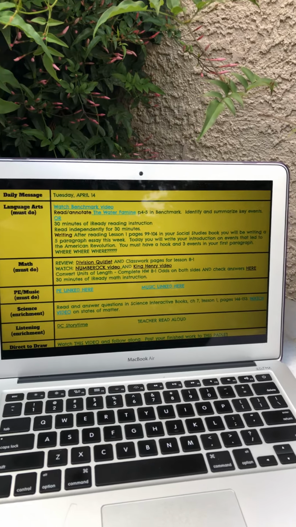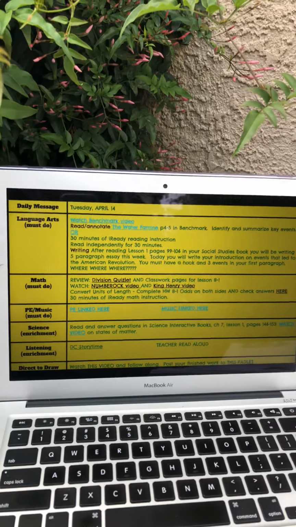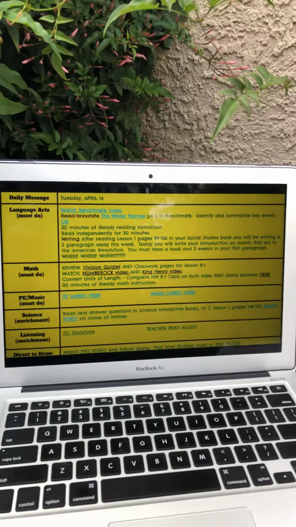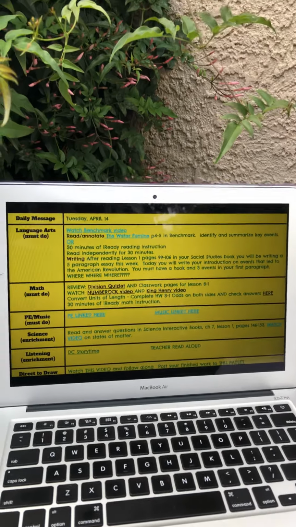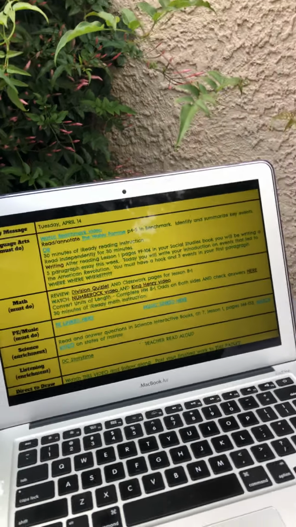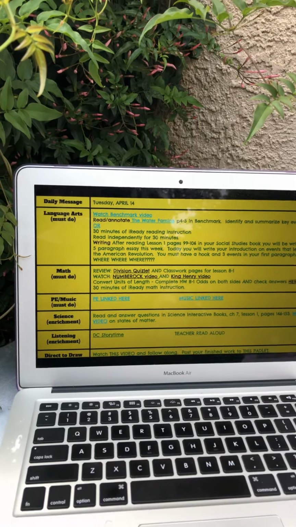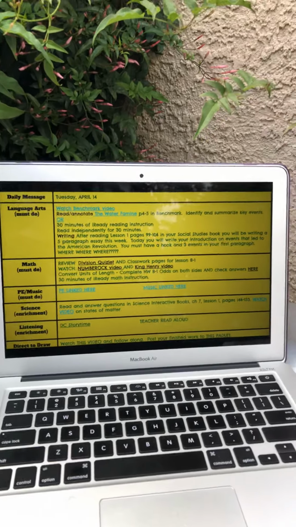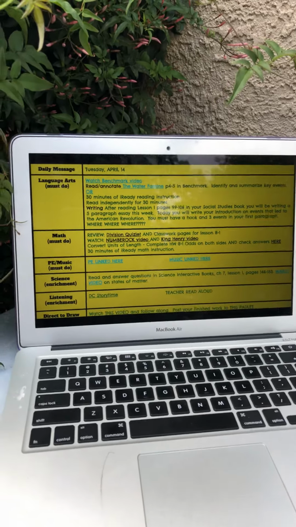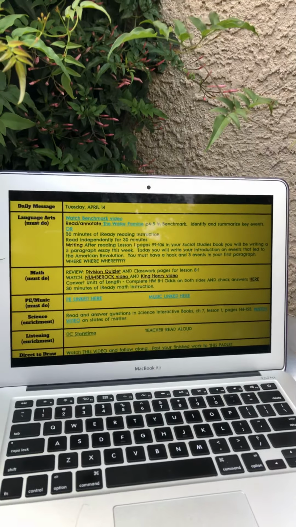You will have a Google Doc that you will be able to start today, and then you just continue each day, and you write a paragraph each day, and by Friday you'll have a 5-paragraph essay, and that will be turned in to me, and then I will be looking those over and giving you feedback. So you're not getting graded, but you are getting feedback. It is work that does need to be completed. So don't think that, oh, she's not grading it, it doesn't matter. It does. So please complete it.